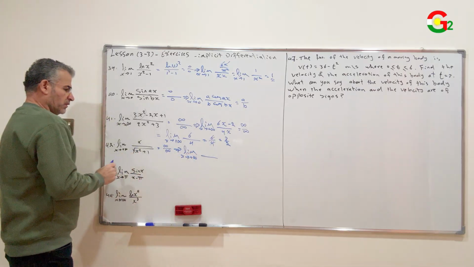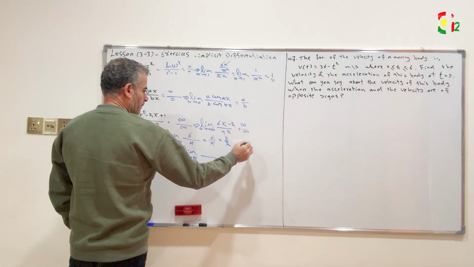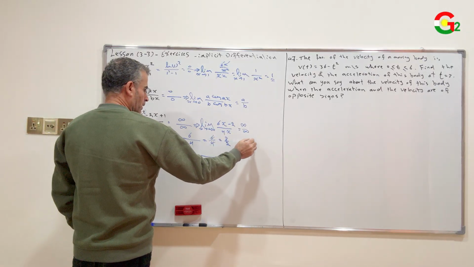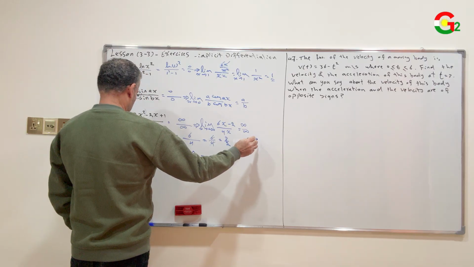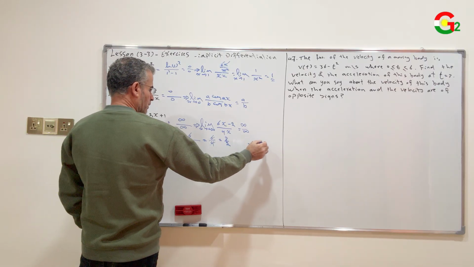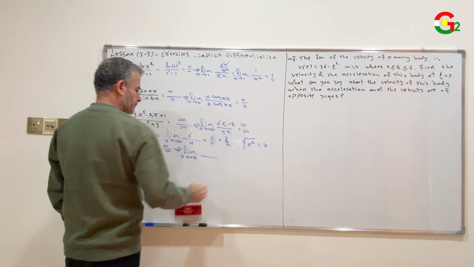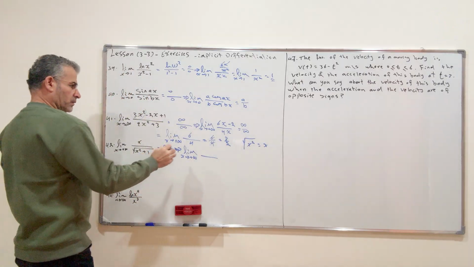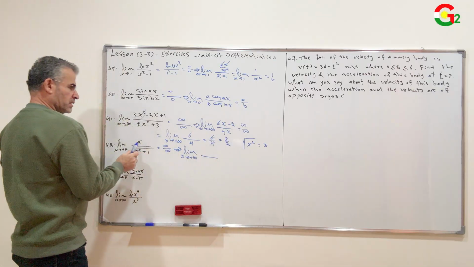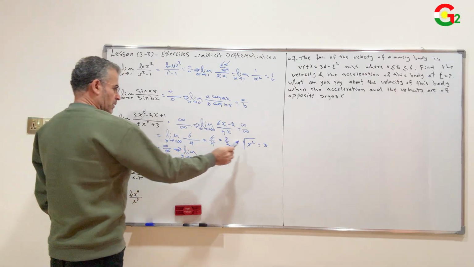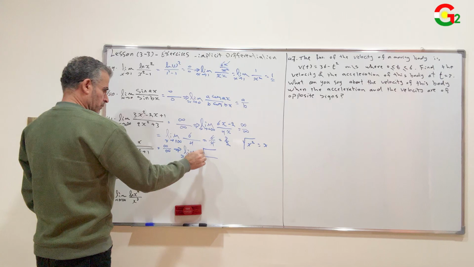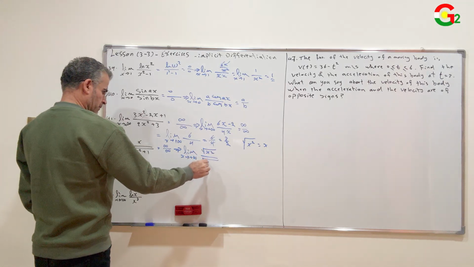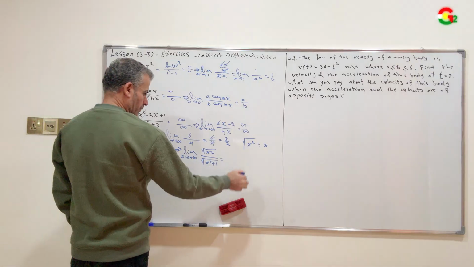Since x approach to positive infinity, then square root x equal to x. Now we can substitute x with square root x power 2. Power 2 over square root x power 2 plus 1.